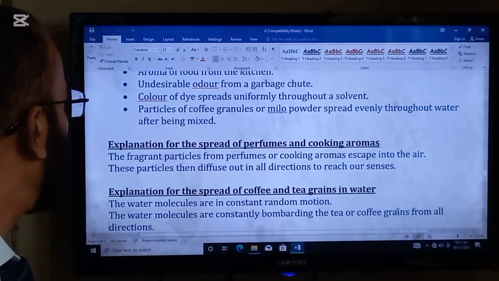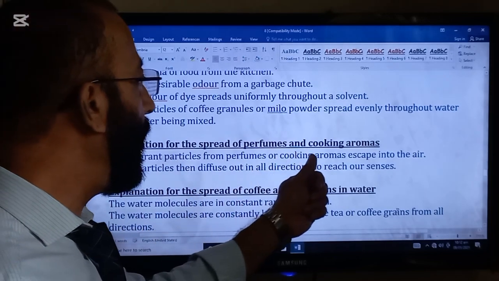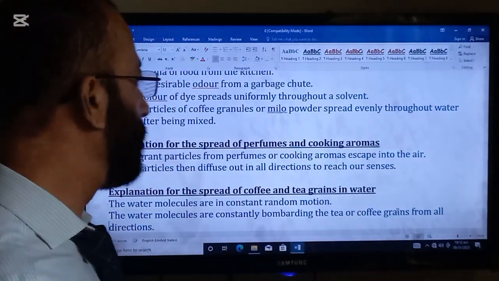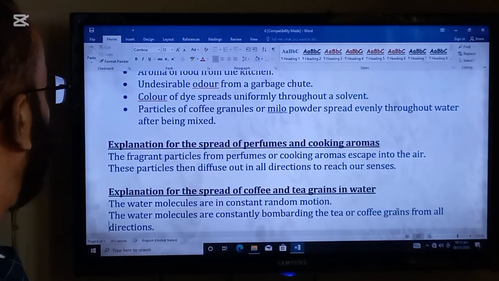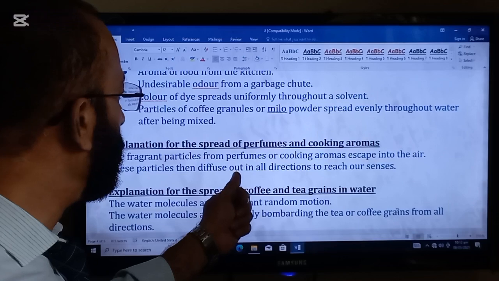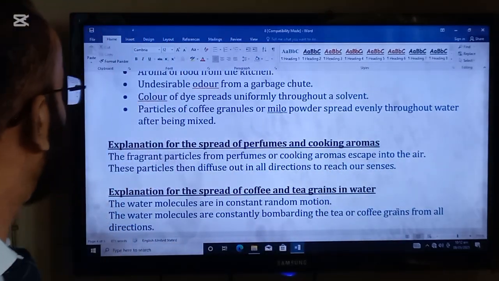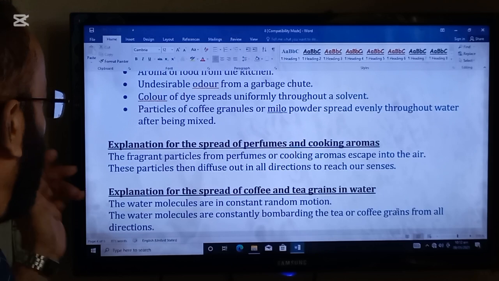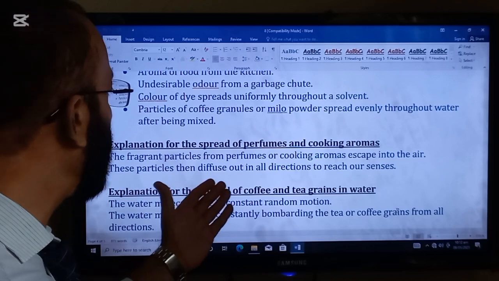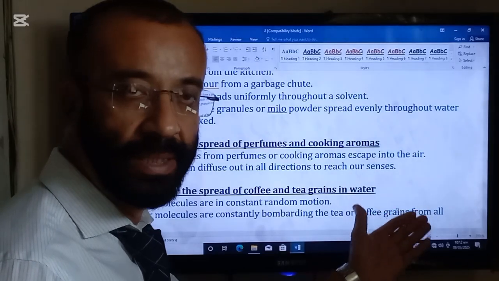Next, we are going to read the explanation for the spread of perfumes and cooking aromas. The fragrant particles from the perfumes or cooking aromas escape into the air. These particles then diffuse out in all directions to reach our senses.